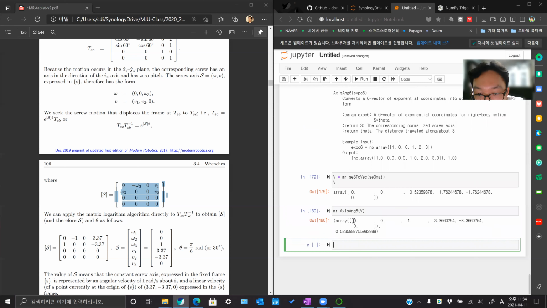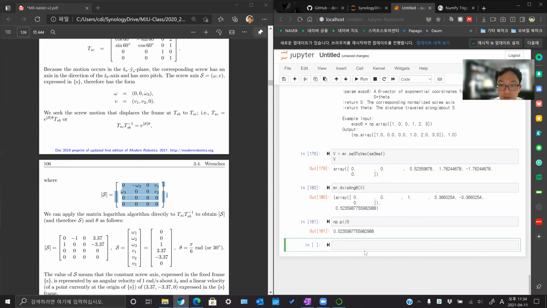Okay, this one is omega 1, 1, 0. So this one is normalized, and this one is V. 3.37, minus 3.37, and this one is angle value. Actually, if we calculate this one, it is the same one. So this one is right.